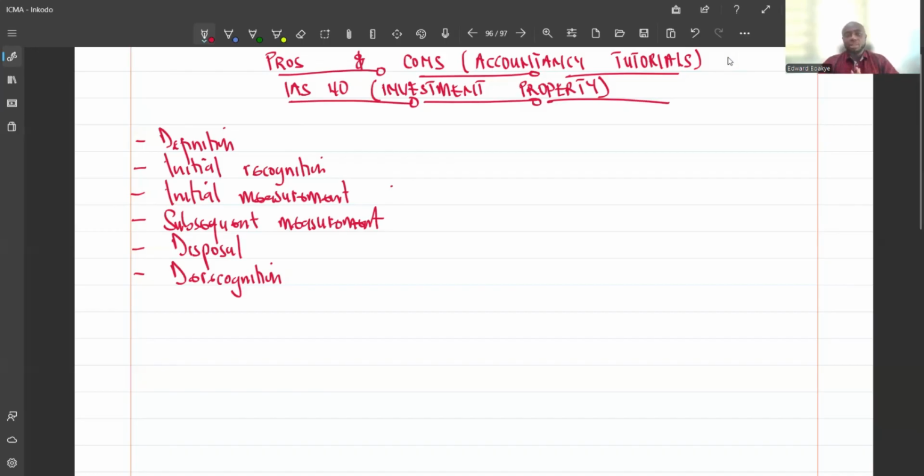Now, what about the initial measurement? So let's talk about the initial measurement.